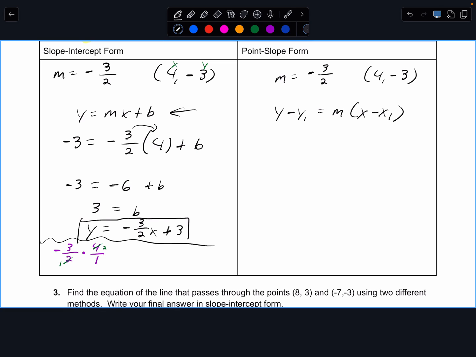Now be careful when you plug in, because there is a negative in the y value. So I'm going to put this negative 3 where it says y subscript 1, but it's already subtraction. So this is y minus negative 3. Am I going to write y minus negative 3? No, what am I going to write? y plus 3.